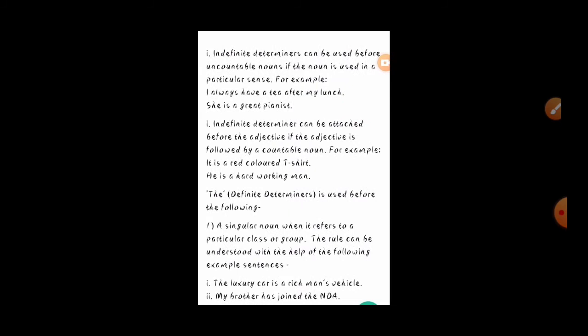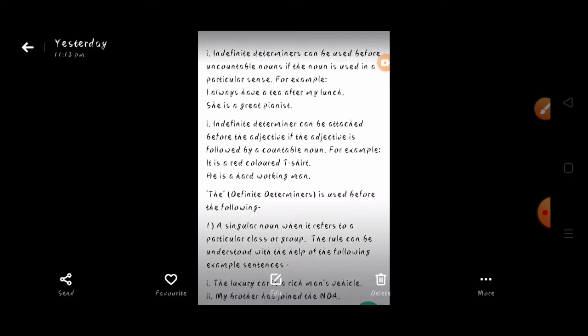Okay, next, what is the rule? Indefinite determiners can be used before uncountable nouns if the noun is used in a particular sense. Okay, for example, I always have a tea after my lunch. So what they want to explain is that indefinite determiners can be used before an uncountable noun if the noun is used in a particular sense.